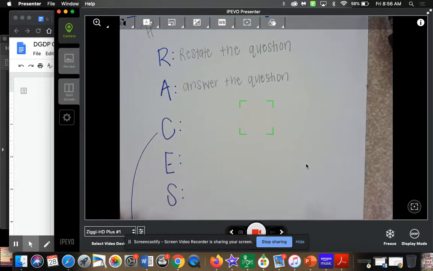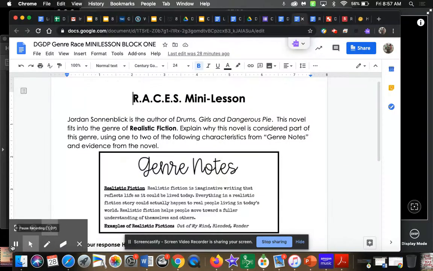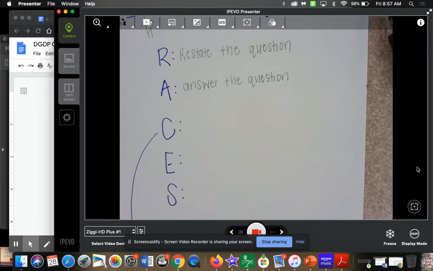Say the question again is, what is the conflict? And your R was, the conflict is. Your A would be that Stephen is dealing with his brother getting diagnosed with cancer. The next letter is C. Raise your hand if you know what textual evidence is.